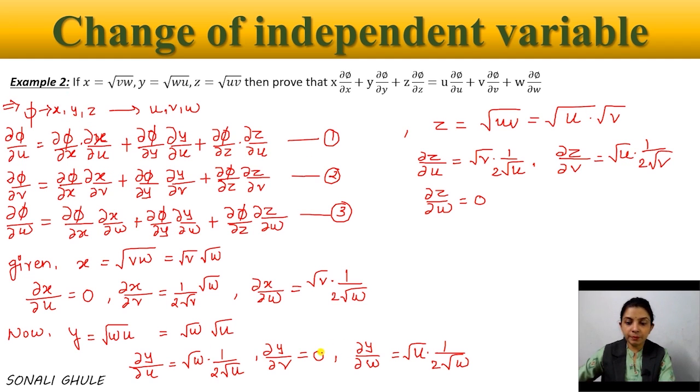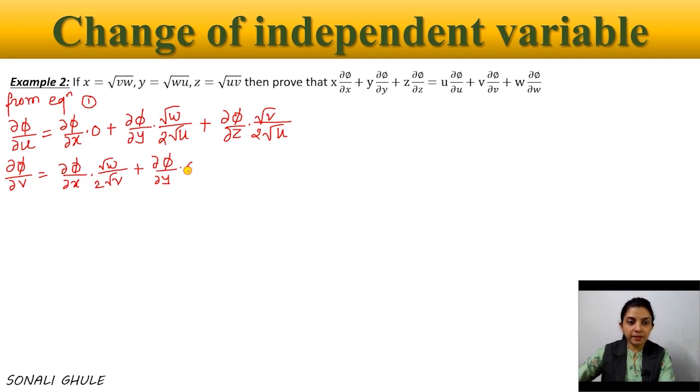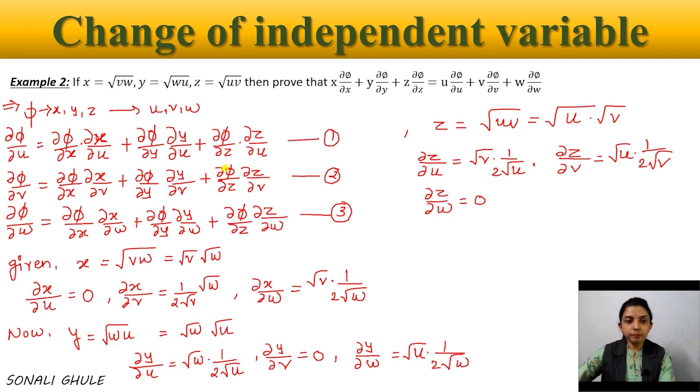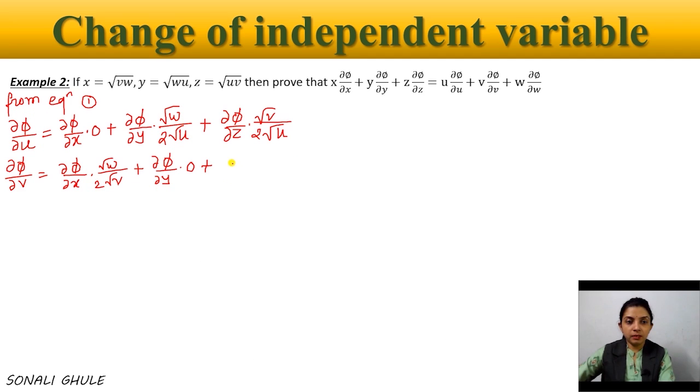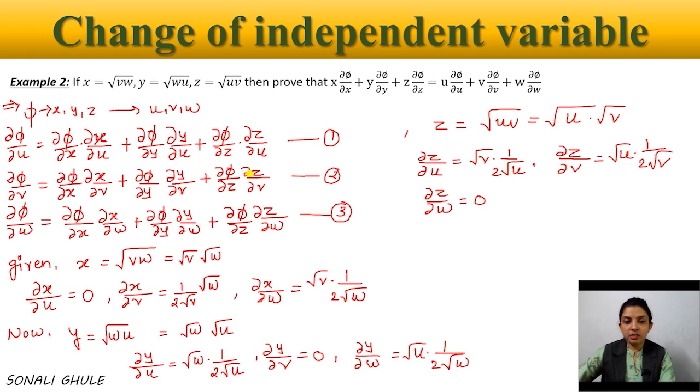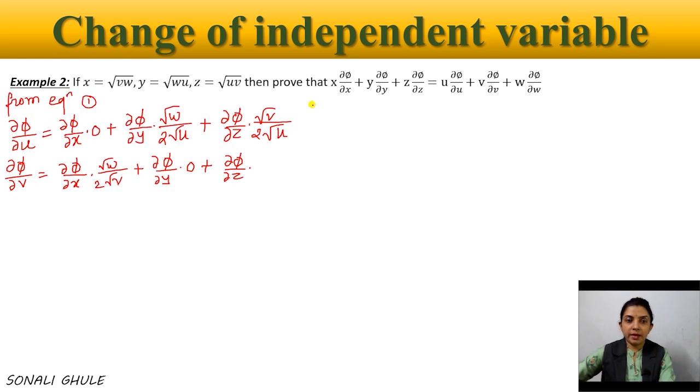What is y with respect to v? It is 0. So just simply write here 0, plus the third one, phi with respect to z, z with respect to v. So I can write here phi with respect to z, and what is z with respect to v? Here it is, right? So I can write it is root u upon 2 root v. Okay, so I hope you understood.